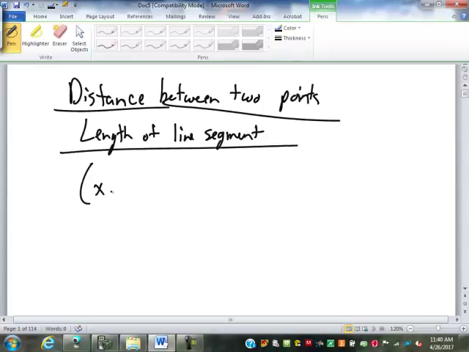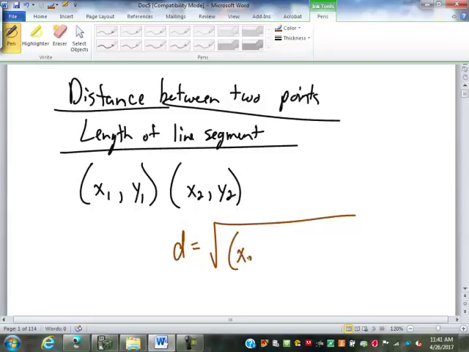If I have points x1, y1, and x2, y2 again, that distance was the square root of x2 minus x1 squared plus y2 minus y1 squared.